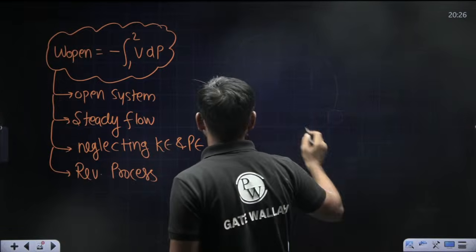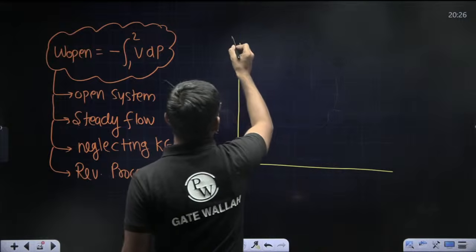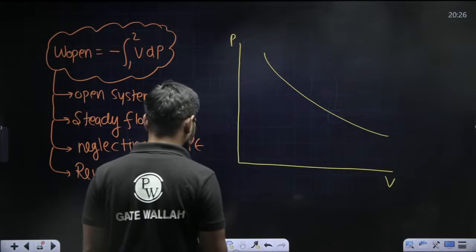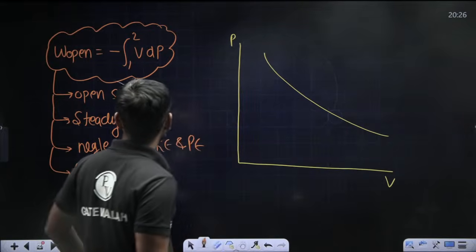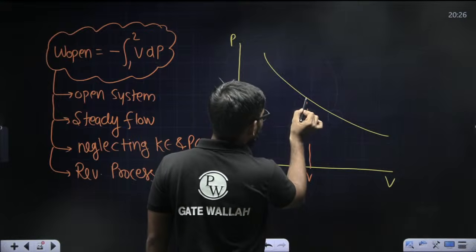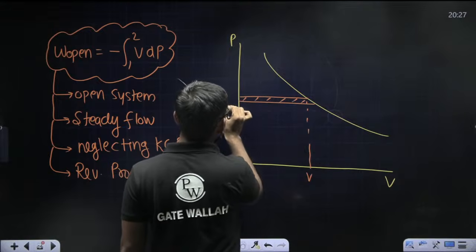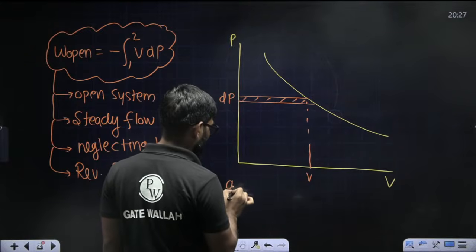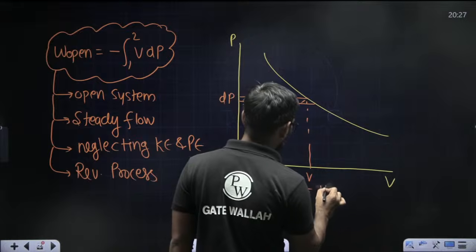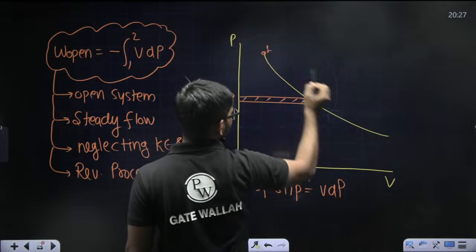Now if I draw any process in the PV diagram, let's say this is any random process. At a given V, if I take one horizontal strip of dP, then the area of this strip is equal to VdP. This is 1, this is 2.